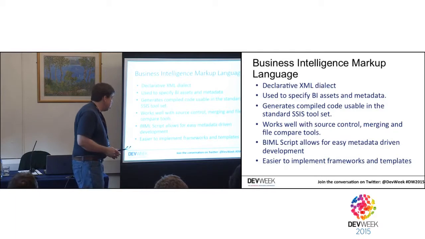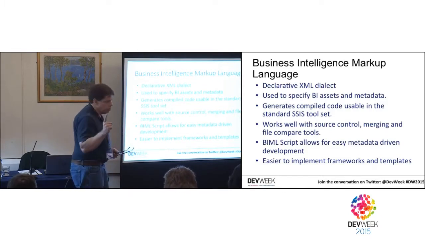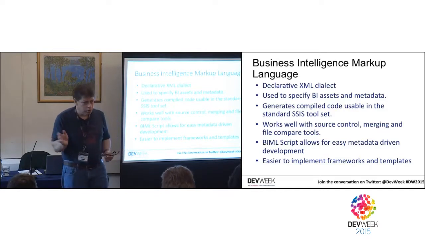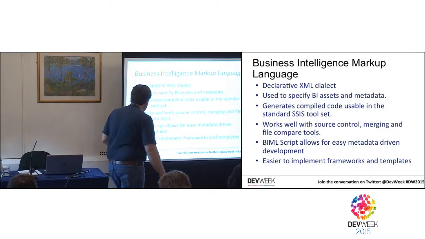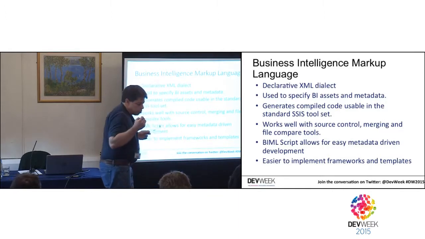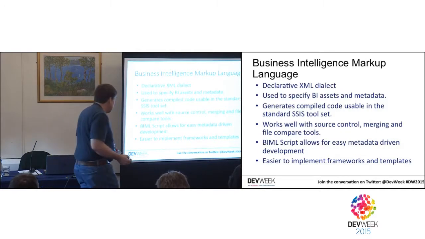So when you change something, you're changing something that you meant to change. When somebody else gets there and brings it down, they're going to get the change and they can merge it in. What kind of file is this that we're merging in? It's a text file. Text files are the best files for source control systems, right?